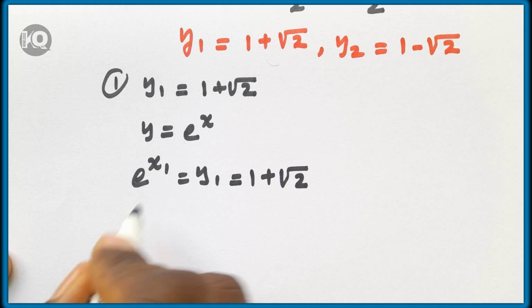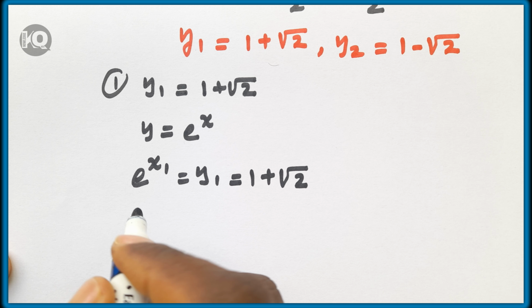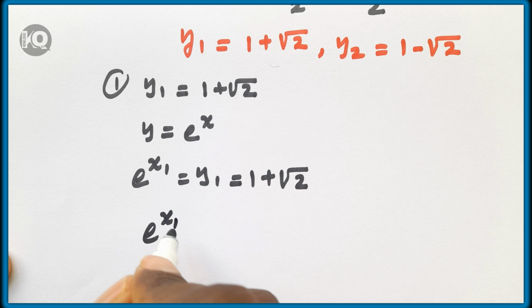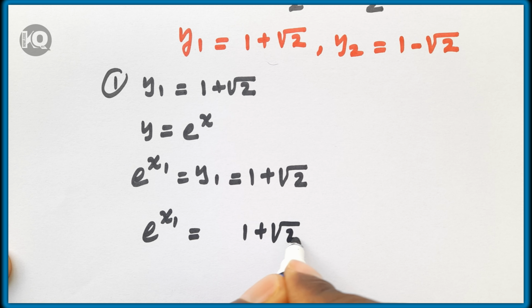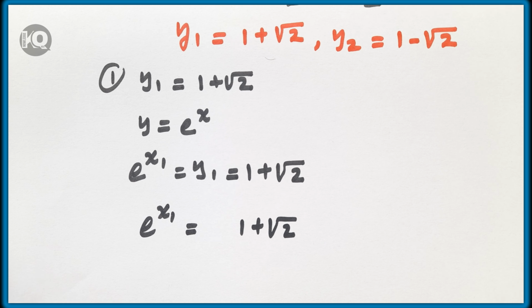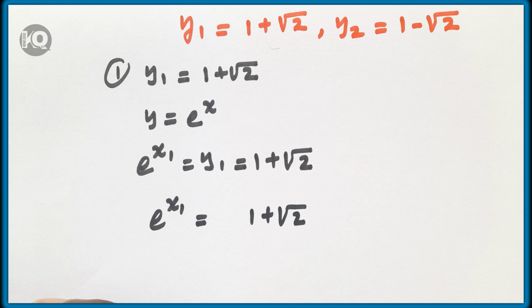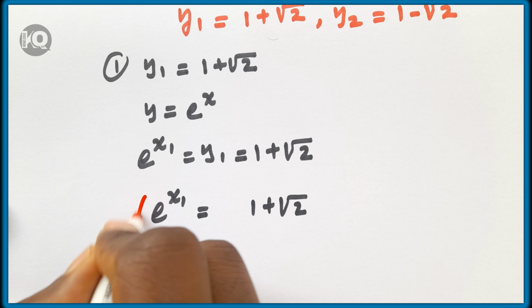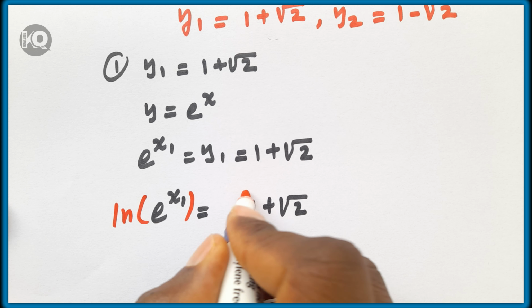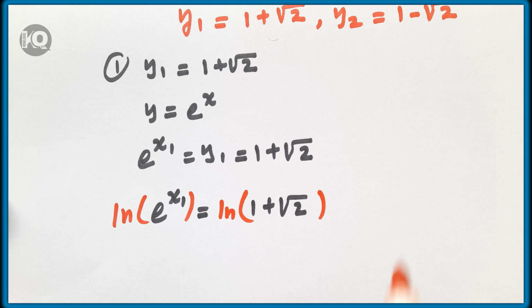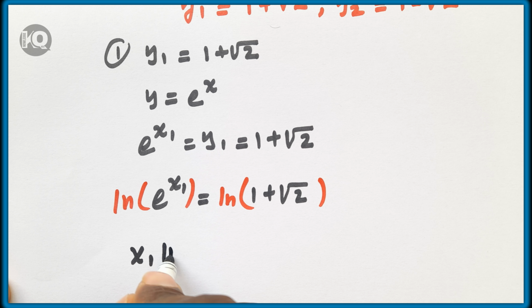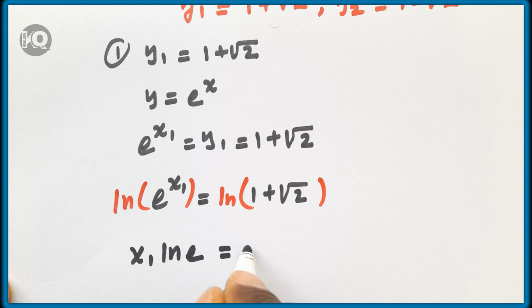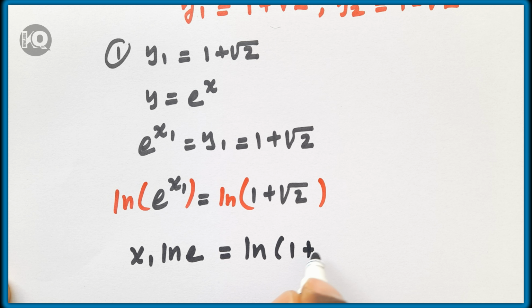So let's introduce the natural logarithm on both sides of the equation. So ln of e to the power of x1, this exponent will come to the front, so x1 ln e is equal to ln of 1 plus the square root of 2.